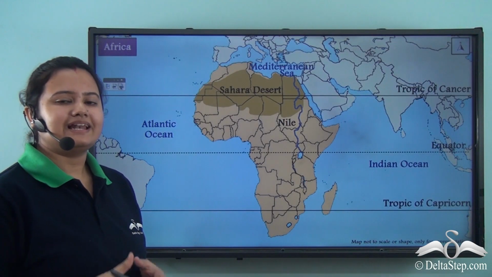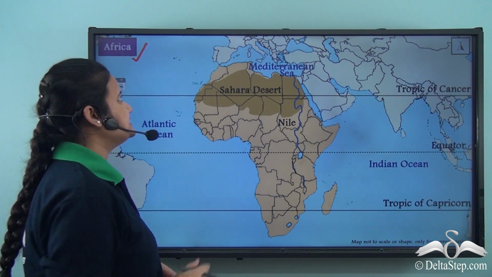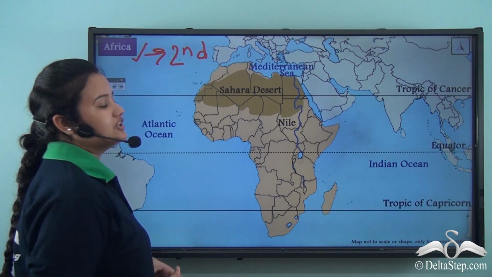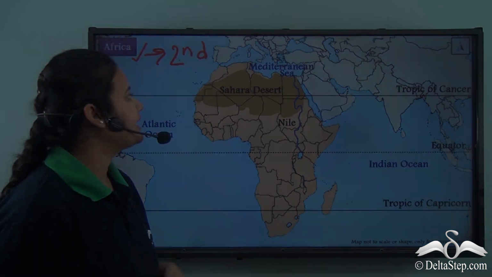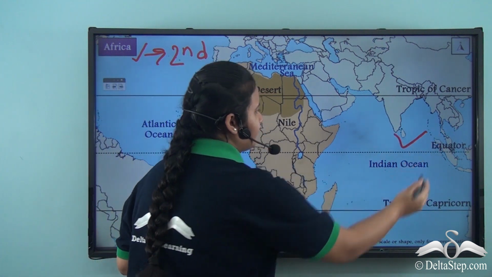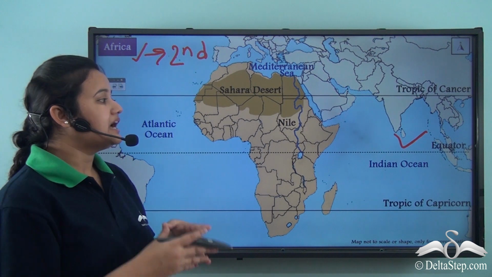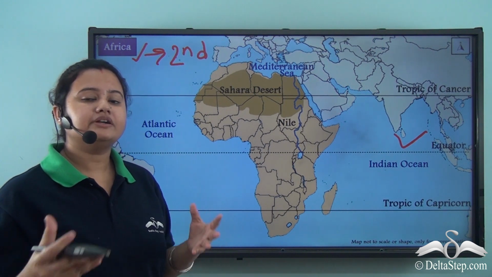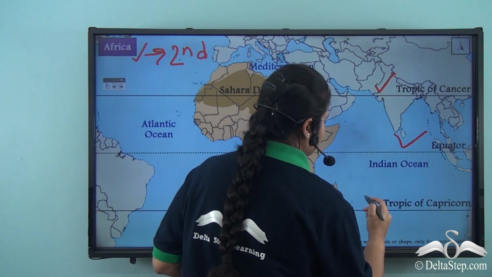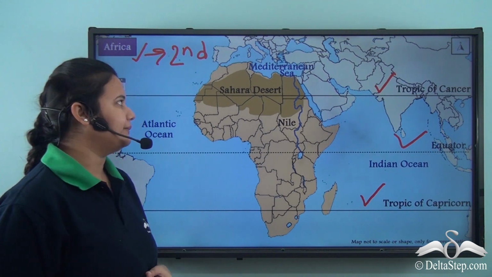Now, next in line is the continent of Africa. Africa is the second largest continent in the world, just after Asia. The most important latitude, that is the equator, passes almost through the middle of this continent, and apart from this, two other important latitudes, that is the Tropic of Cancer and Tropic of Capricorn, also pass through the continent of Africa.